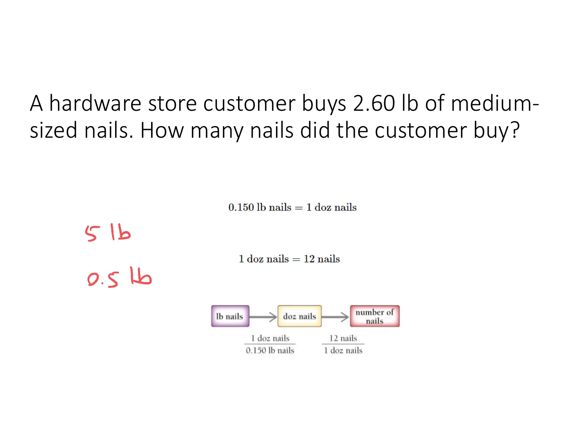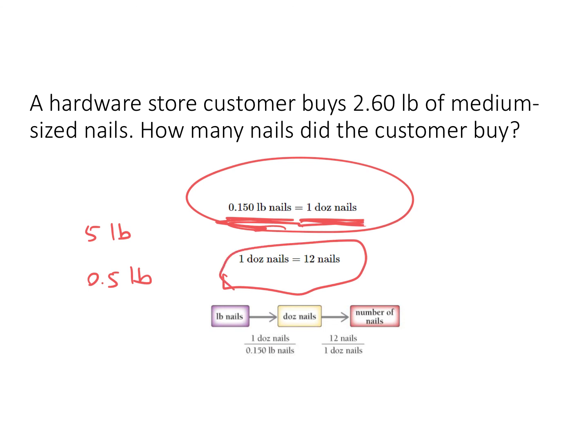They measure the mass of 12 of them and report the mass. Okay? They say 1 dozen of nails has this much mass. And we know that dozen means 12, right?